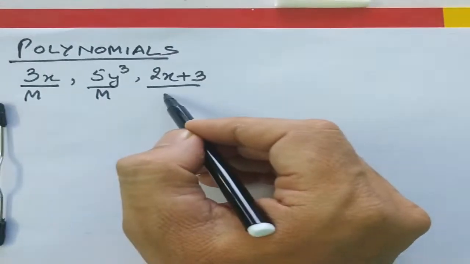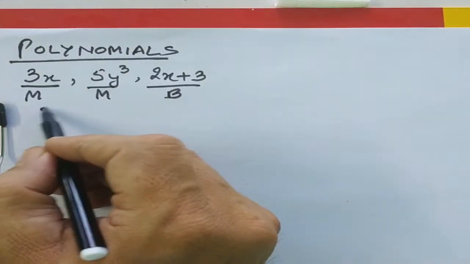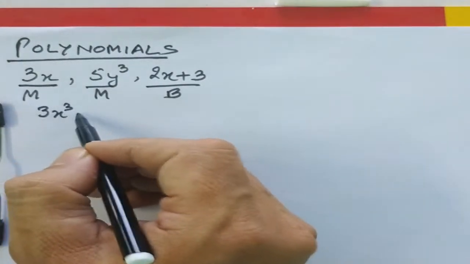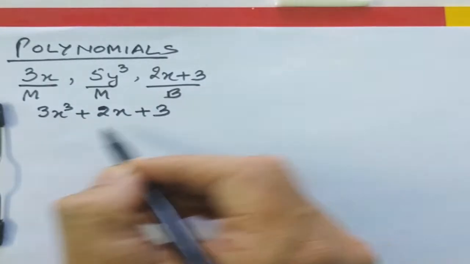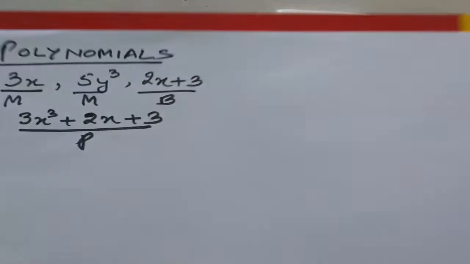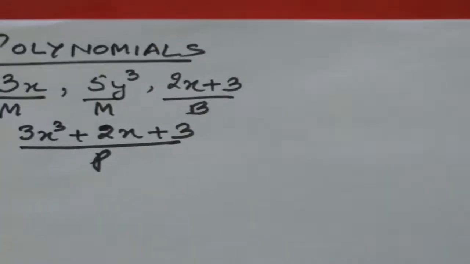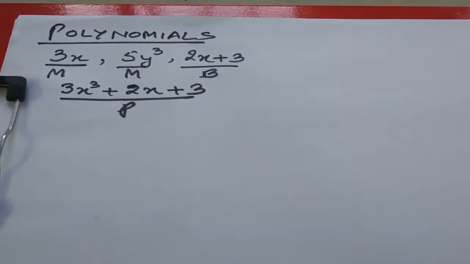This is called a binomial, and an expression which is having more than two terms was usually called a polynomial in the junior class.